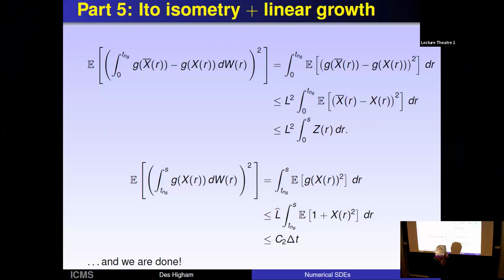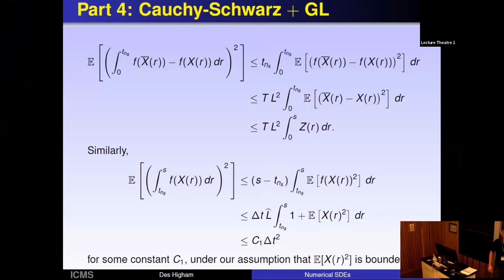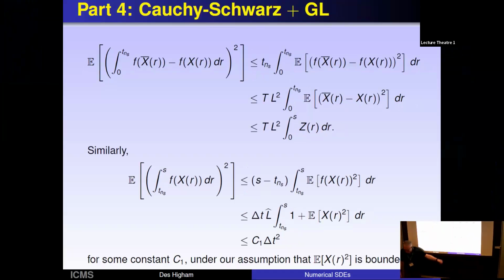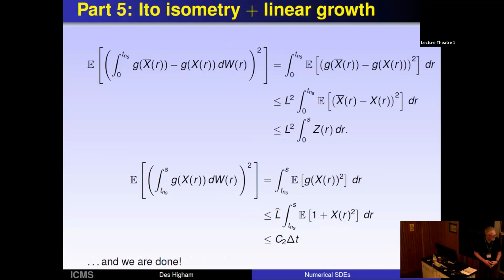Now it turns out this is the bit that goes wrong in the sense of not getting the desired first order. We've had to just use the length of that interval, pull it out, and get delta t. Whereas if you look at the deterministic version, we managed to get a delta t squared. So nothing's gone wrong. It's just what happens when you do this. You get the delta t.